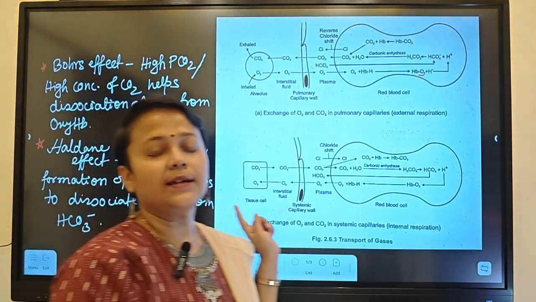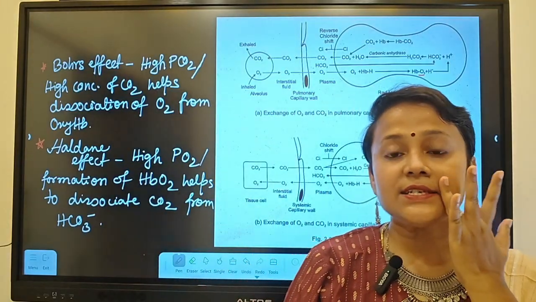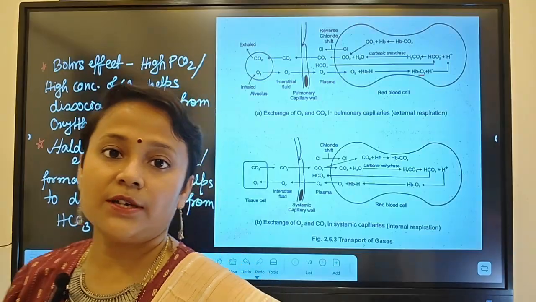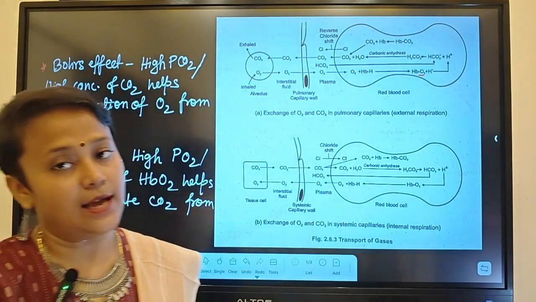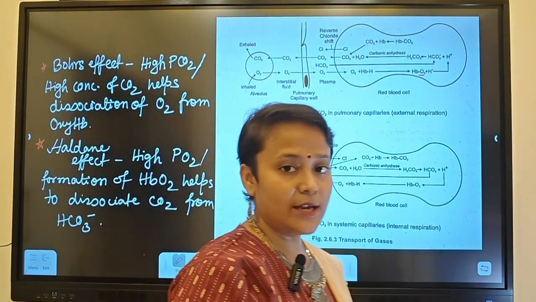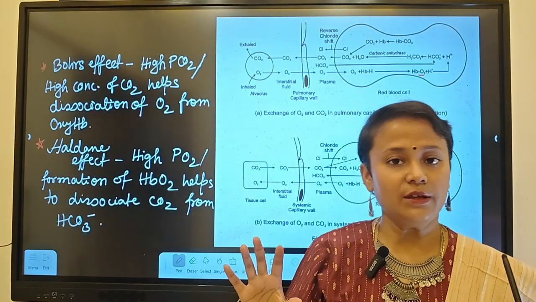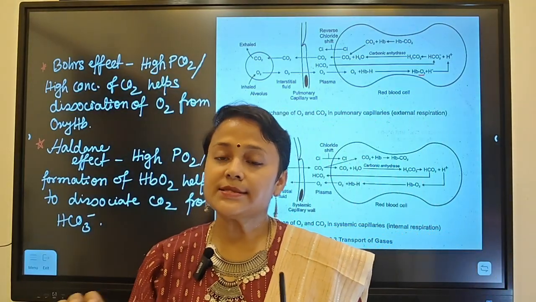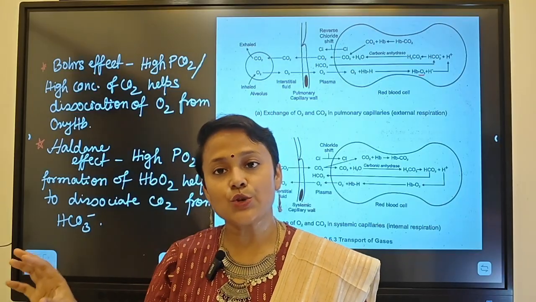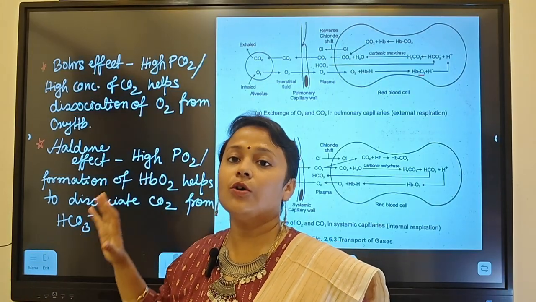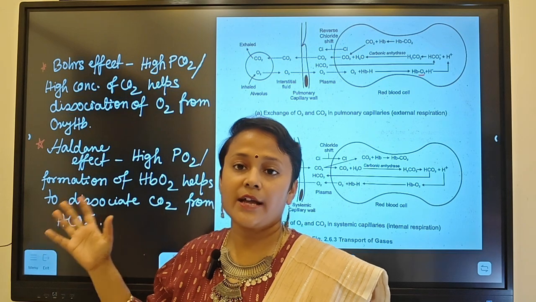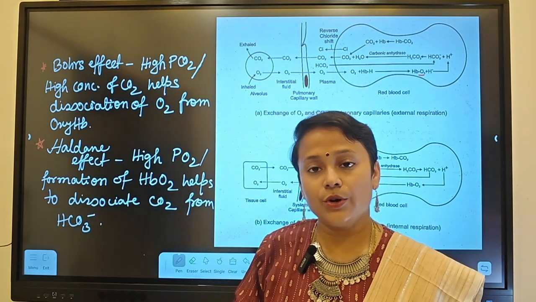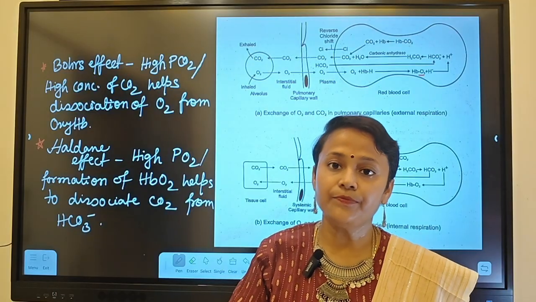This effect is called Haldane effect. So chloride shift, or Hamburger's phenomenon, reverse chloride shift, Bohr's effect, and Haldane effect. These four terms are very, very important. Again, this is out of NCERT; in NCERT they are given very briefly, but actually all these things are happening. The mechanism is like that. I hope your concept will be crystal clear.